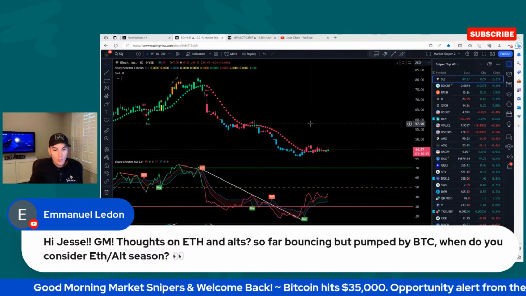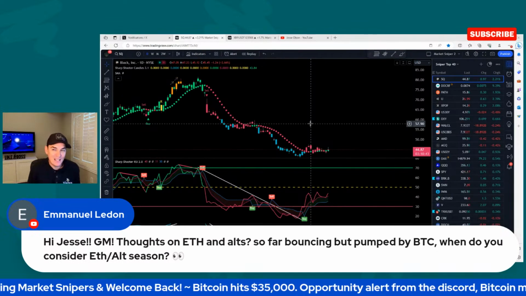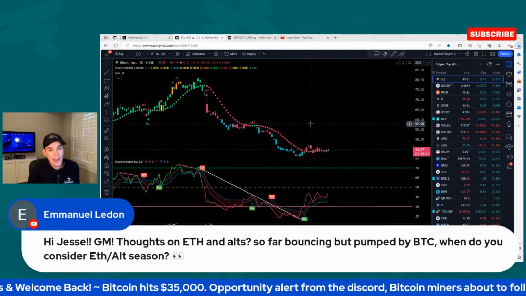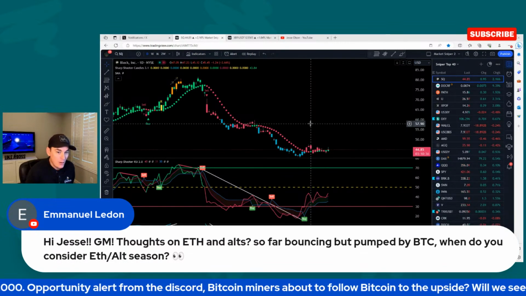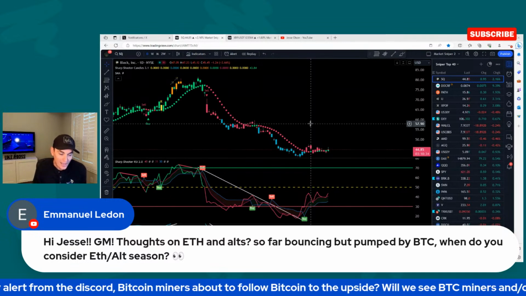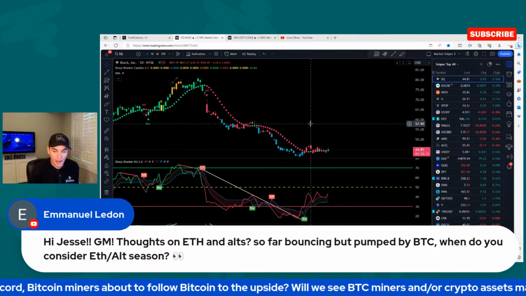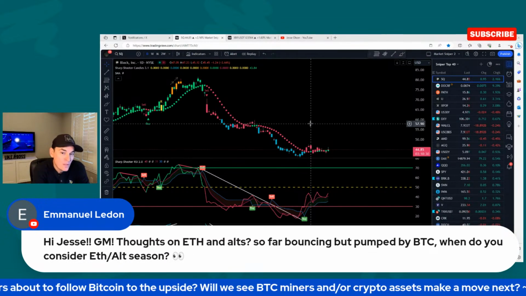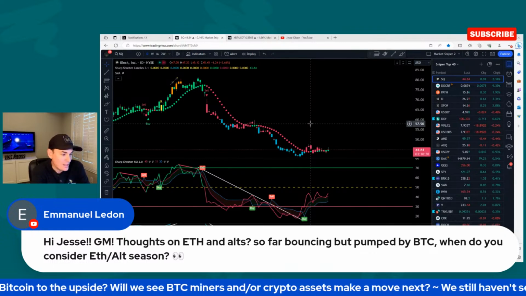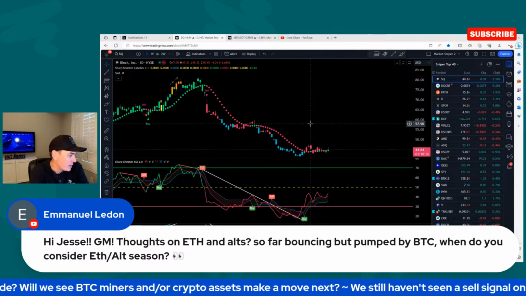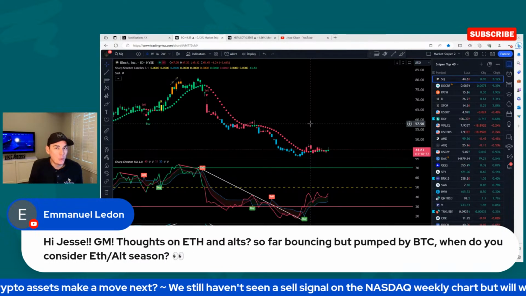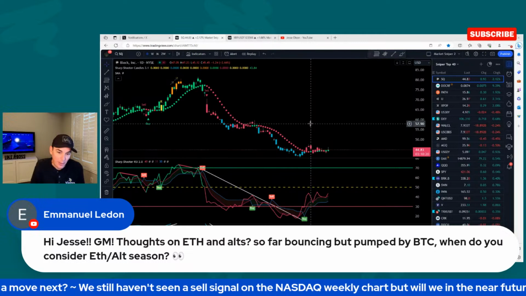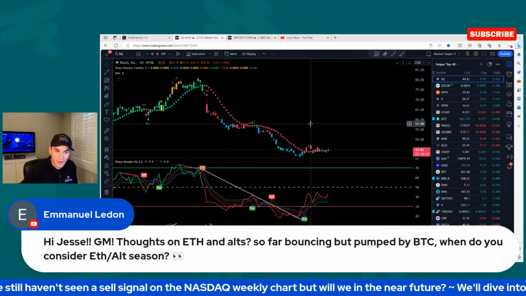By then the buy signals are usually already happening, and you might be late to the party waiting for a major move for altcoin season after Bitcoin takes a break. I don't know exactly when ETH alt season is, but I could tell you when buy signals are happening and when it's becoming more bullish on higher time frames.